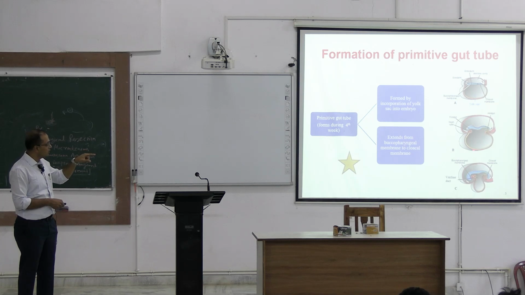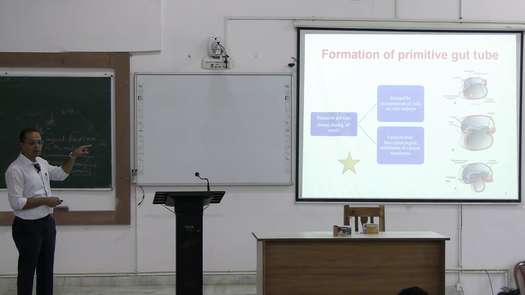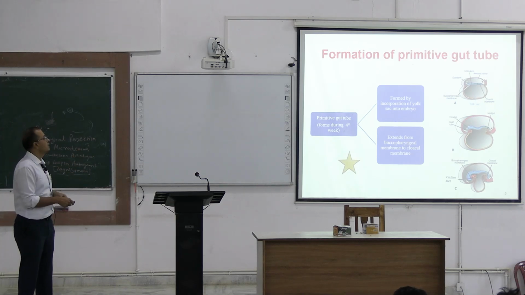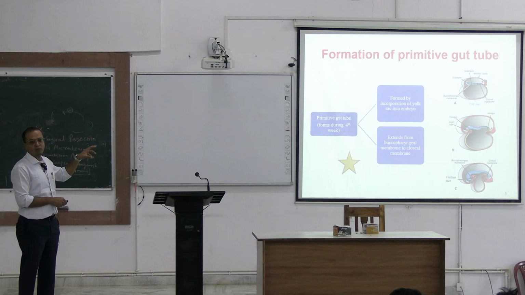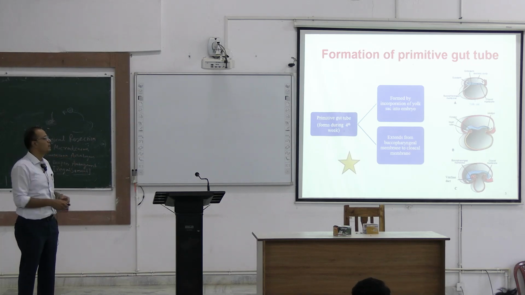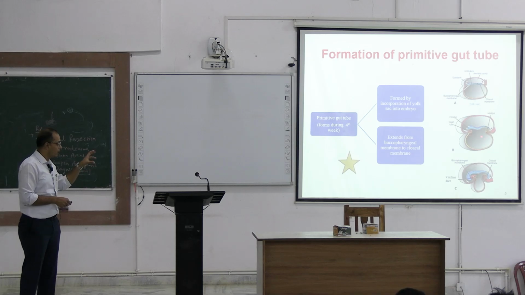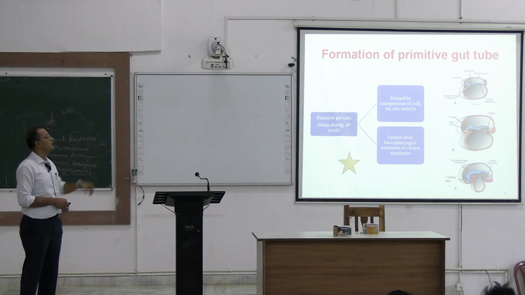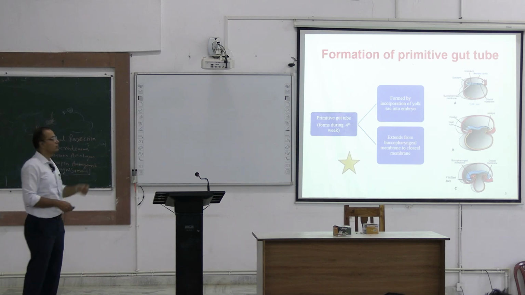So, this yellow thing, which is the yolk sac, is slowly getting into the developing embryo, rolled in like a tube from the flat page through this process of head fold, tail fold and lateral fold. It is like a paper, slowly rolling down and taking the shape of a tube, and as this folding keeps on happening, this tube is slowly getting incorporated or absorbed into the developing embryo.